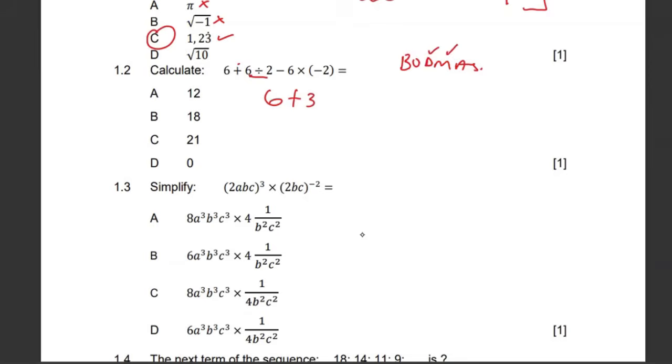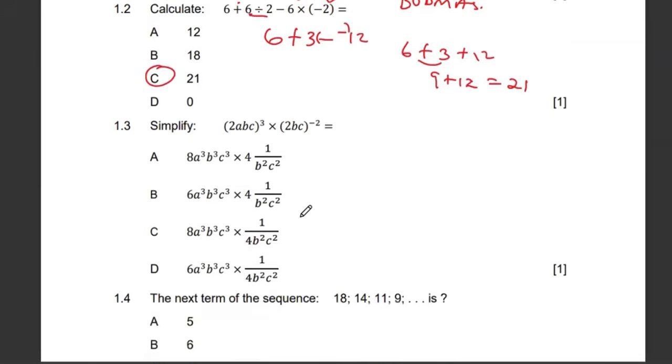And then there's multiplication also. So we have 6 times -2, which is -12. We can combine these two signs and we get a plus. So 6 plus 3 plus 12. This is going to be 9 plus 12, which gives us 21. So option C is the best.